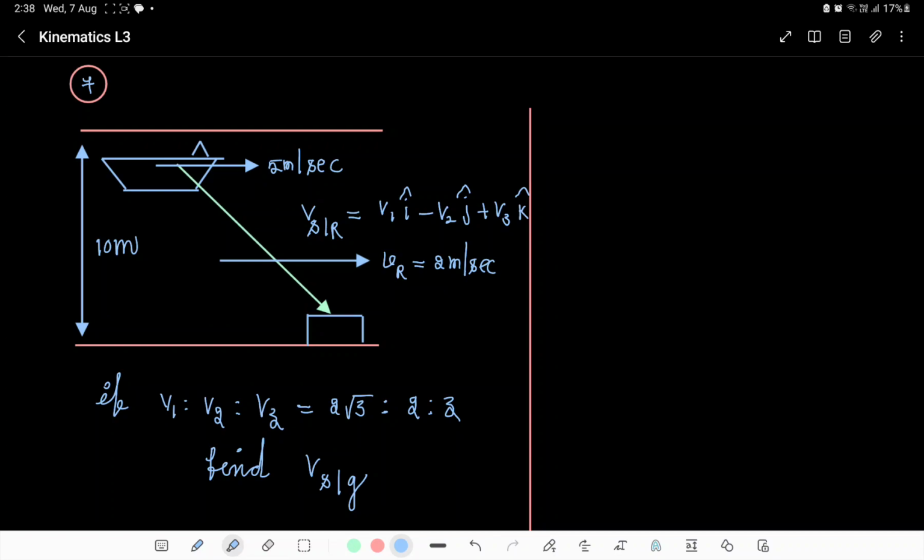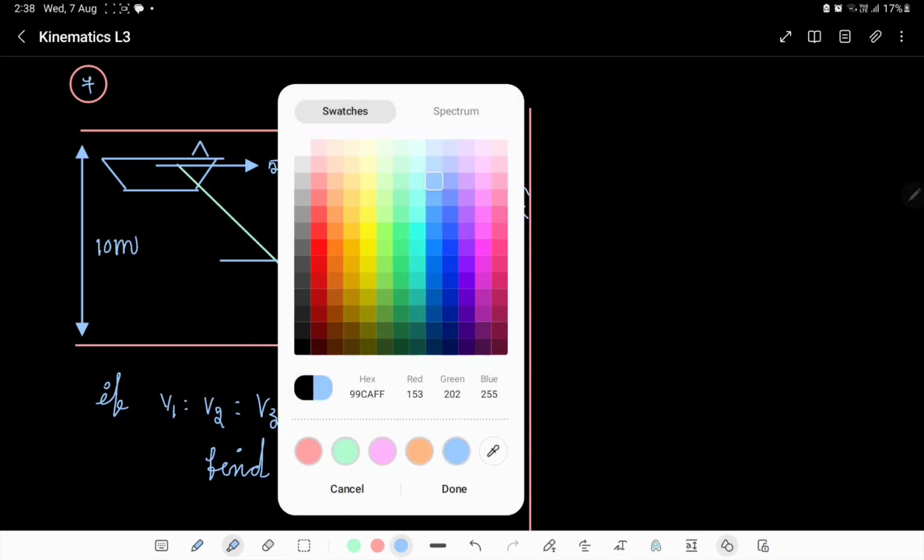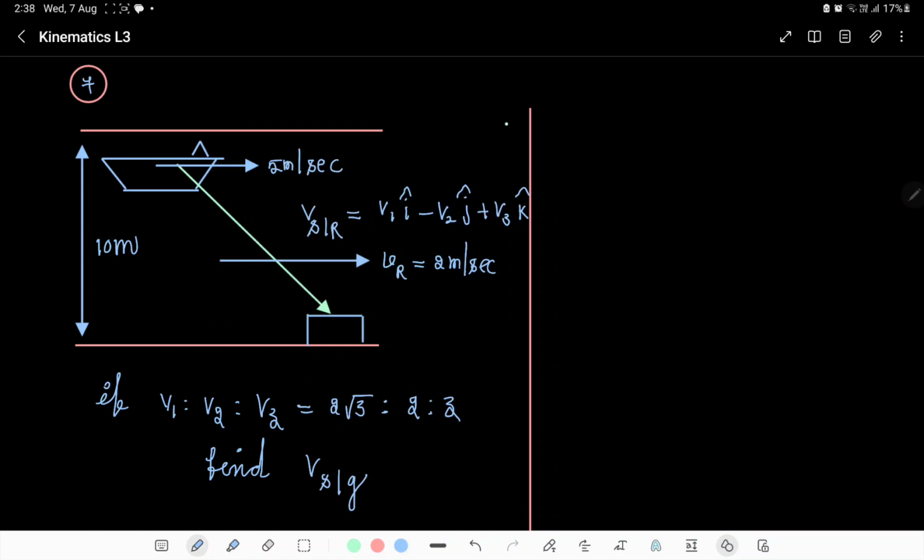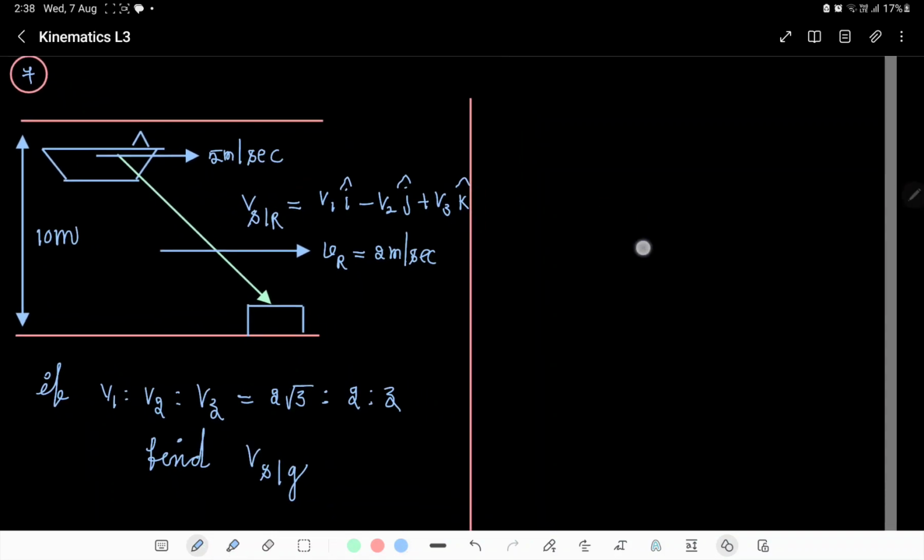So now logic number 1 is we could say that v1 equals, let's say, 2 root 3 k, v2 equals 2k, and v3 is equal to 3k, some constant times these numbers.